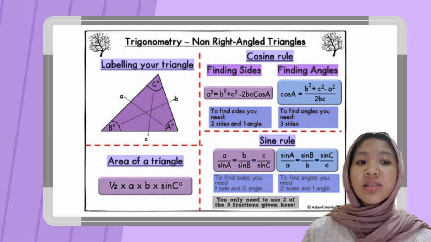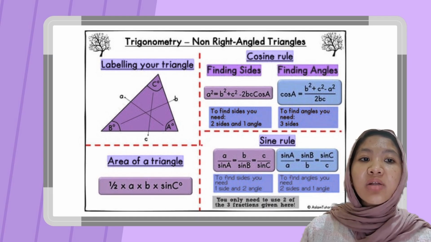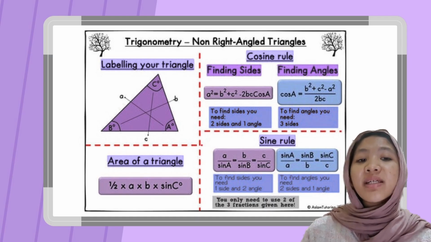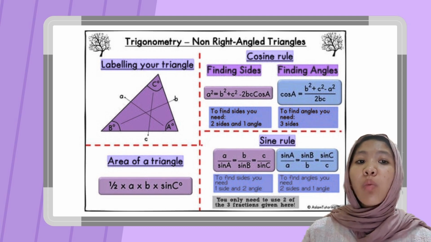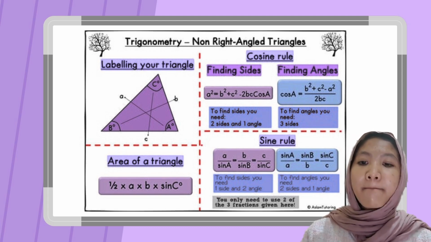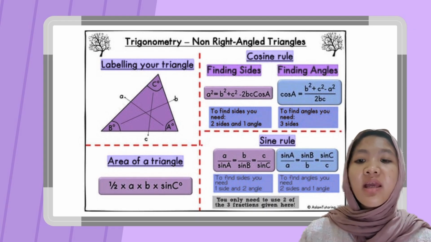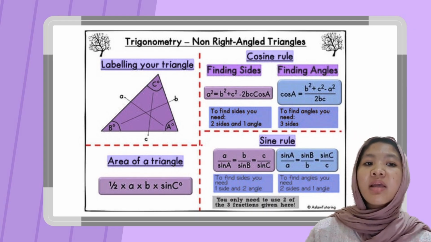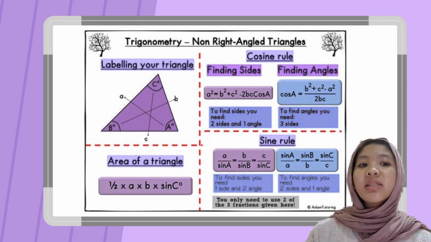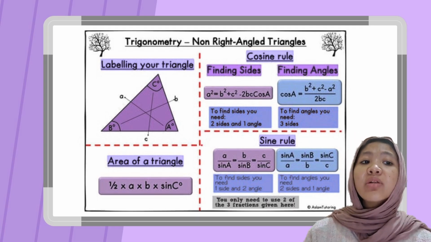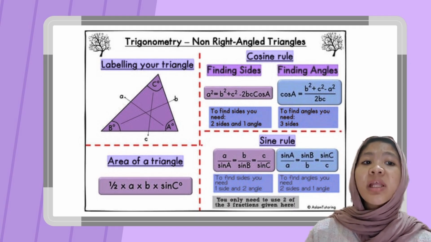Sine rule. To find sides, you need one side and two angles. The formula is a divided by sin A equals b divided by sin B equals c divided by sin C. And then to find angles, you need two sides and one angle.